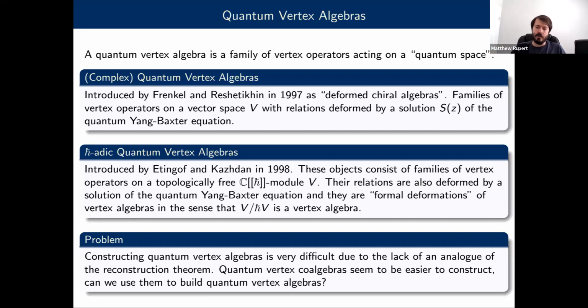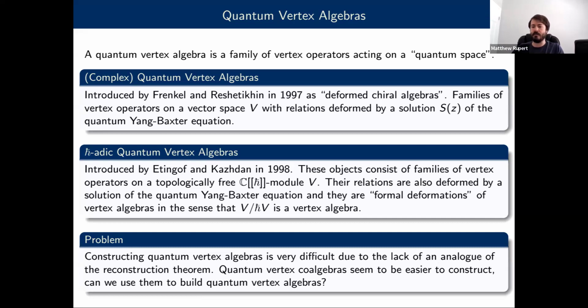So this says you only need to check the axioms on generators. The analog of this theorem for quantum vertex algebras isn't known, and it seems like it's probably difficult to show. So you can imagine, if you don't have this reconstruction theorem, how much harder it would be to construct quantum vertex algebras, because you can't check the axioms on generators. You have to check them on every field associated to every vector.